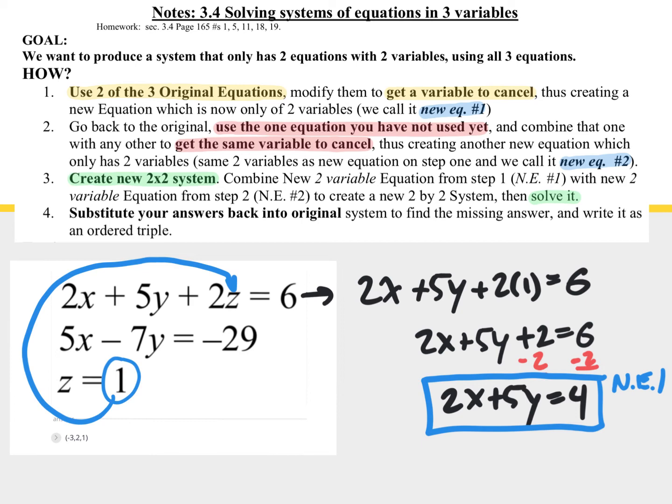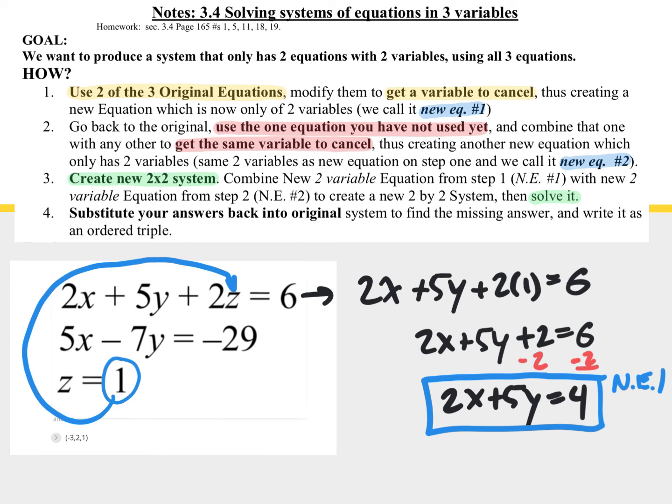And if you look at the middle equation, it only has two variables as well. And guess what? It's the same exact two variables as that one. So if I have an equation with two variables and I have another equation with the same two variables, technically I'm at step 3. I already have a 2x2 system.